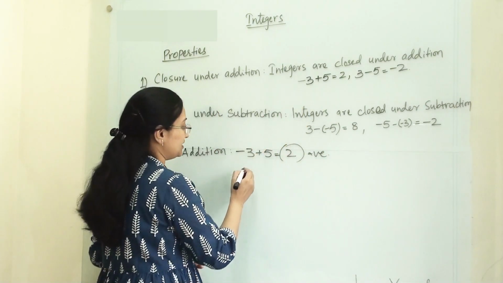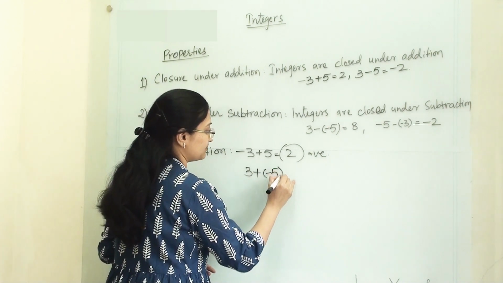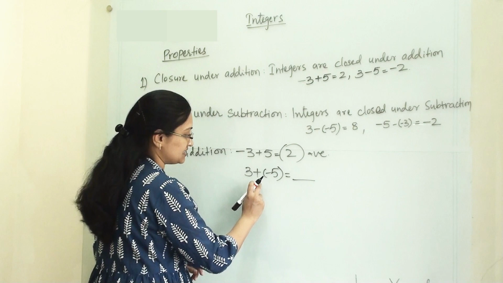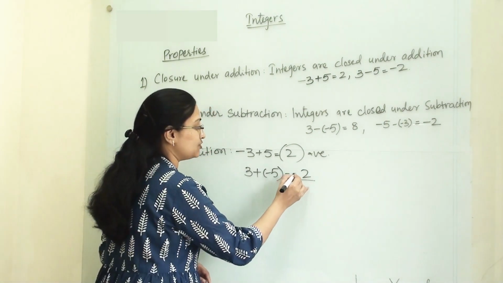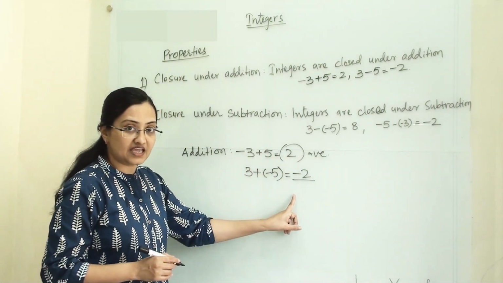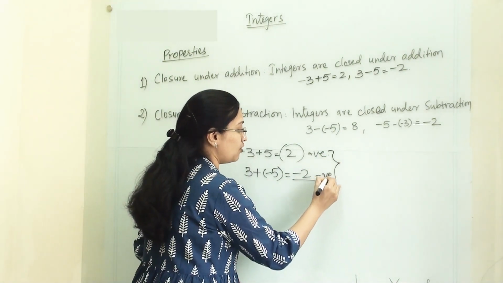The next example is 3 plus -5. Here this minus plus will become minus, and we are performing subtraction and it will carry the bigger number's sign. So in either case we will get an integer, either positive or negative.